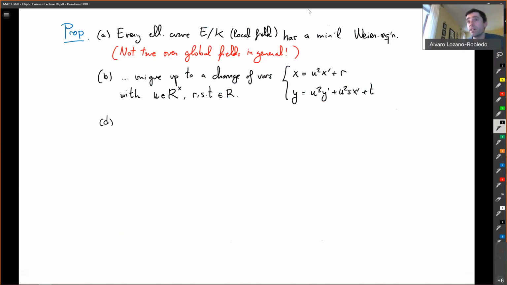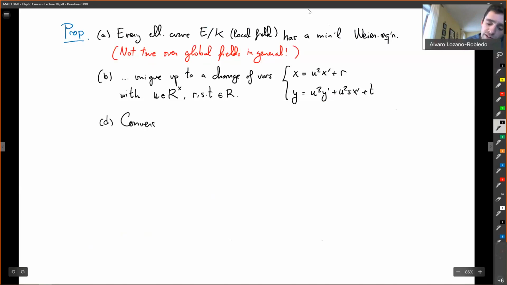That conversely, so what would be a converse to this is that if I go from a Weierstrass equation and get a minimal model, then the change of variables must have been with coefficients in the ring of integers. So there is no change of variables outside of the ring of integers that would go from an equation with ring of integers coefficients to an equation with ring of integer coefficients.